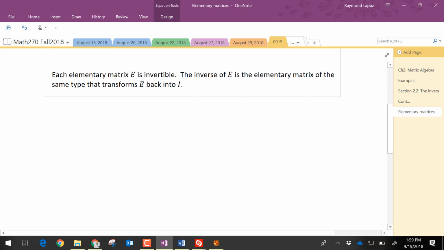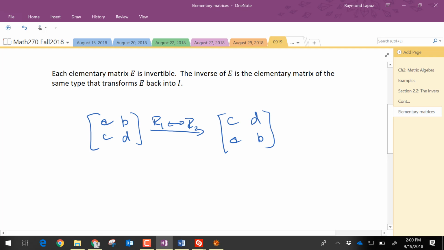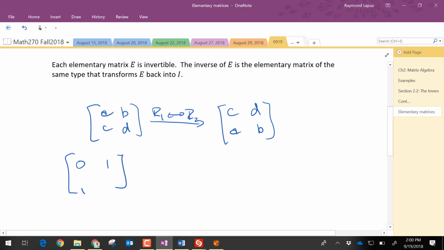So this whole idea, if you have a matrix A, B, C, D, and then you do a row switch, R1 switch with R2, then you get C, D, A, B, right? Well, if you start off with the identity and then you switch the rows, this is an elementary matrix.